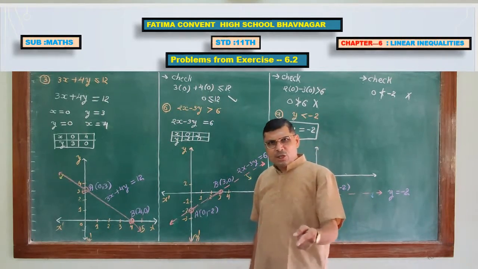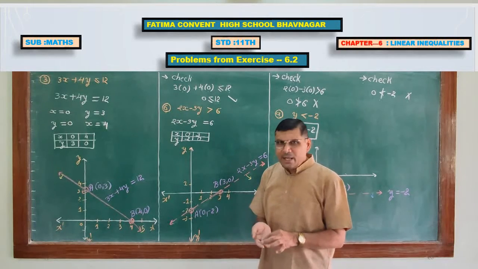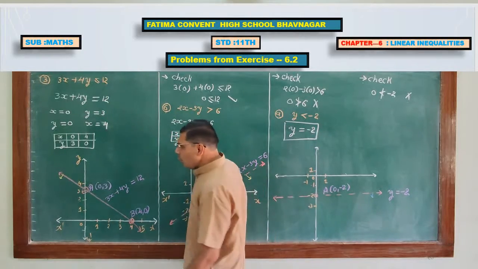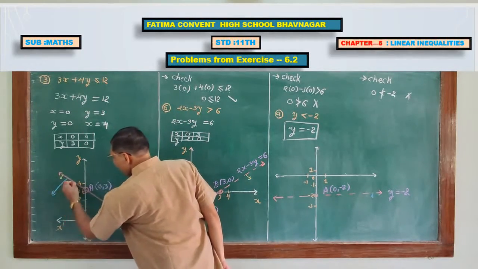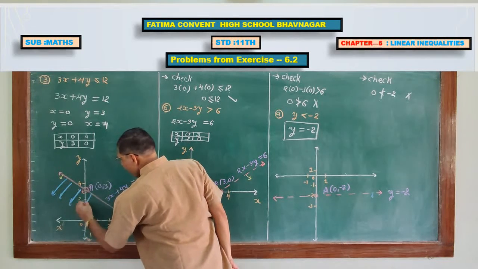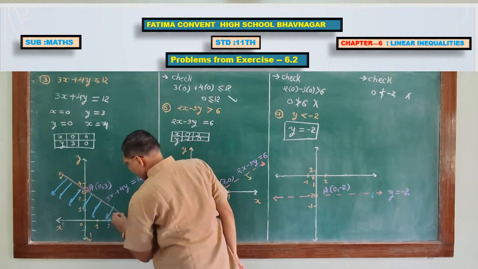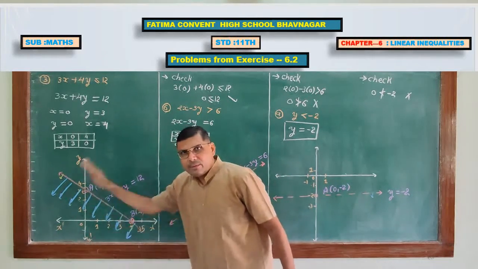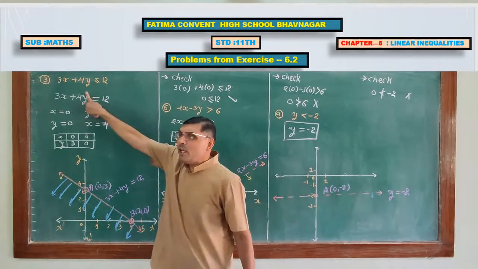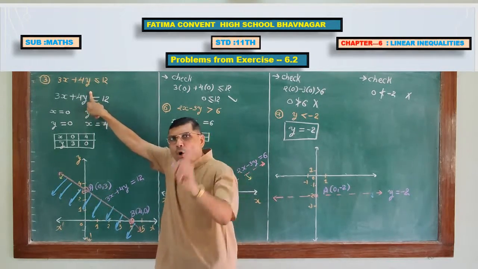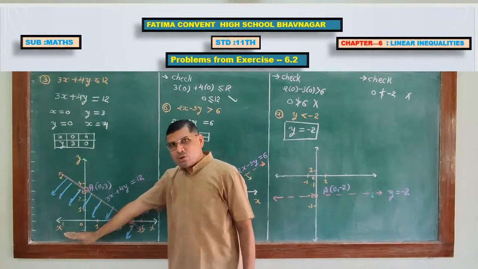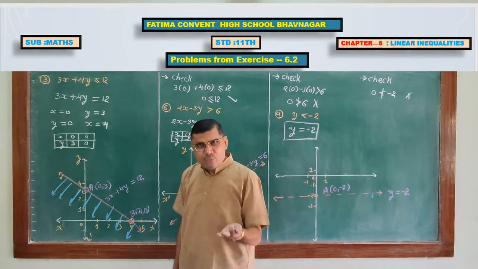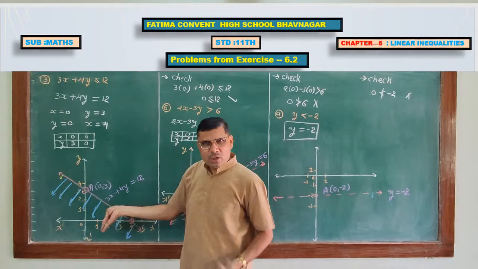The value 12 is more than 0, of course. This means that 0 belongs to this area. So your shaded part is this. So this is the part of 3x plus 4y less than or equal to 12. This is your shaded result. This is the question, draw a graph of this part, and this is your answer.